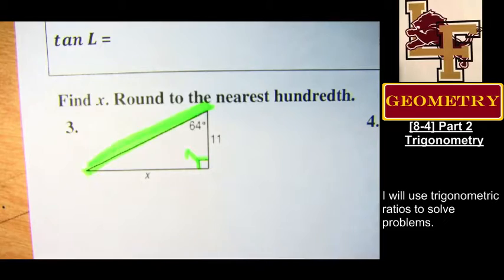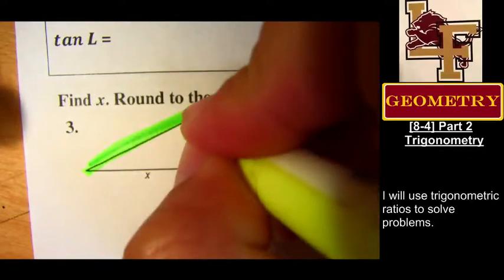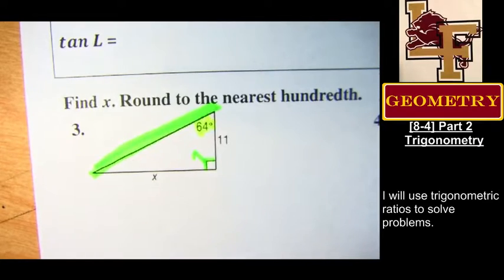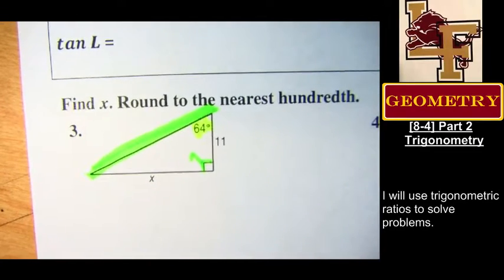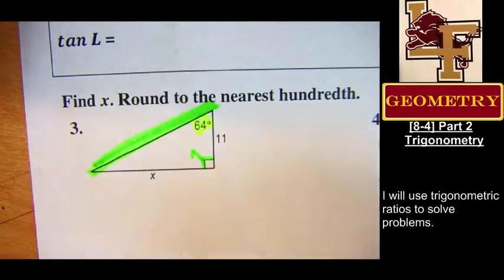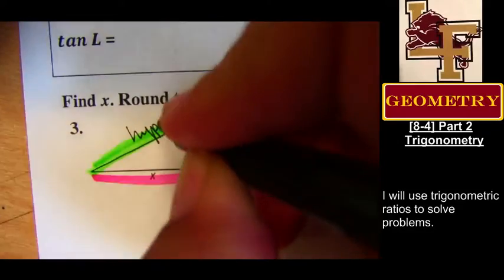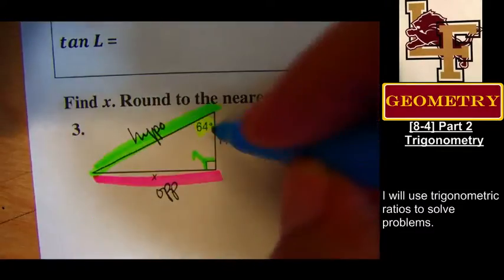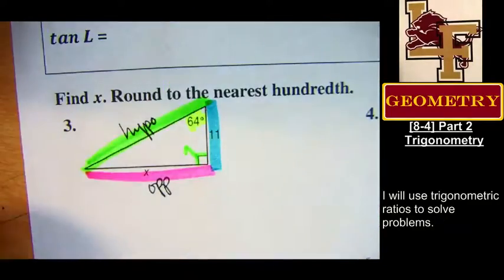All right. Here's the angle that we've been given information on. So which side is opposite that angle? Yes. All right. So we have the hypotenuse and we have the opposite. That forces this side to be the adjacent.